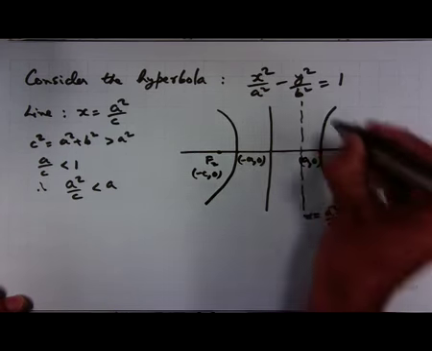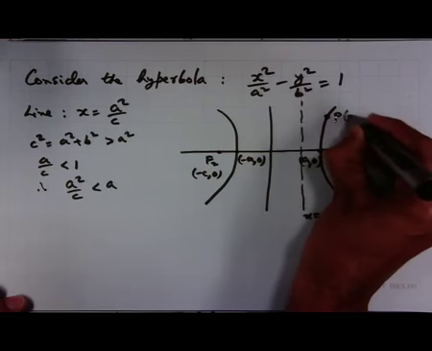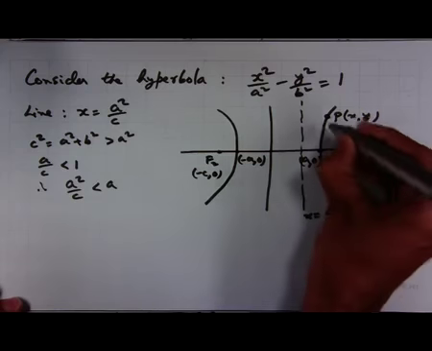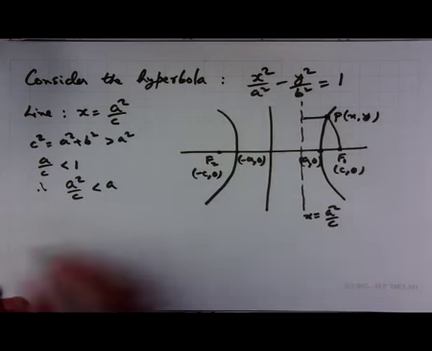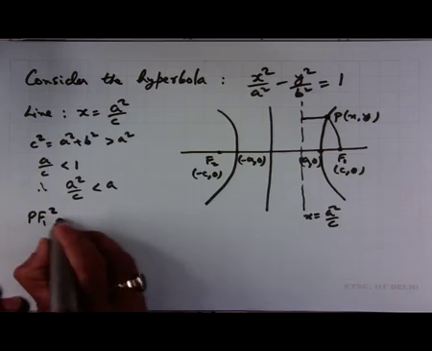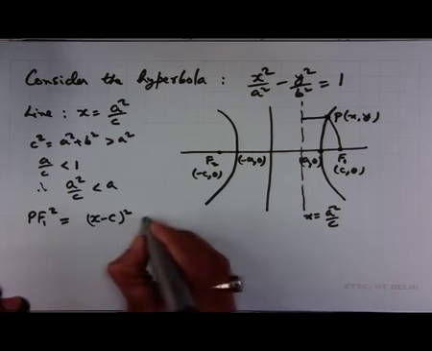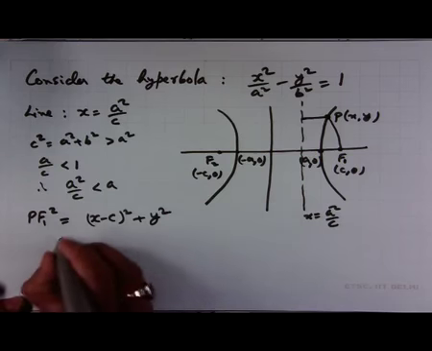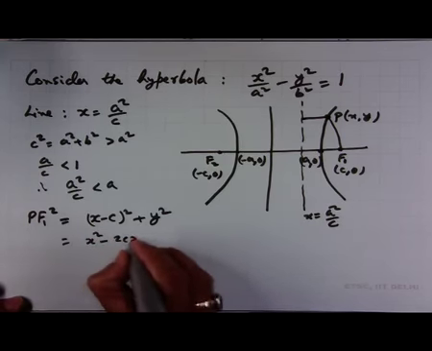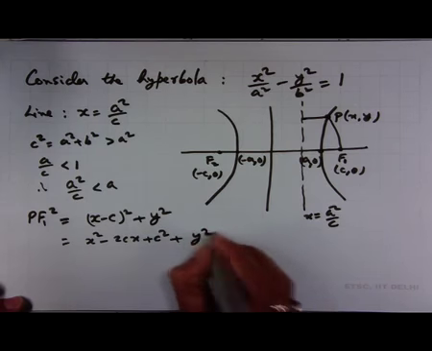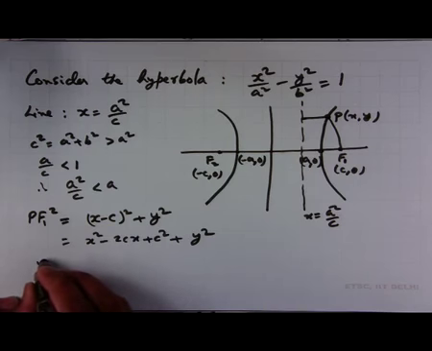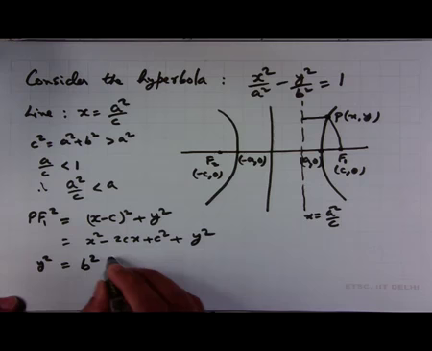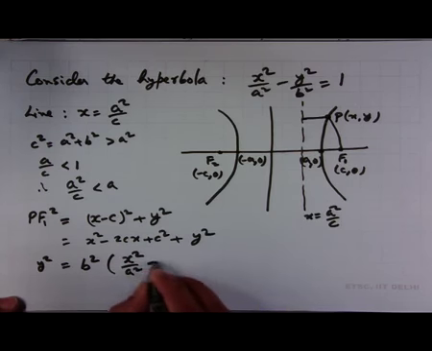Now, if I take any point P x y, let us calculate what is the distance P F 1 and this distance P L. So, P F 1 square is equal to x minus c square plus y square, which is equal to x square minus 2 c x plus c square plus y square, but y square equal to b square times x square by a square minus 1.